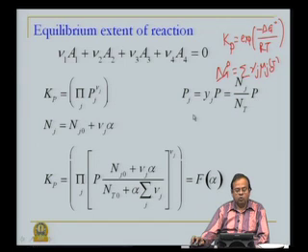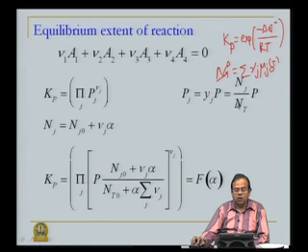Now, we are a step closer, almost there. What is our N_j? As per our definition of extent of reaction, it is N_j0 + nu_j alpha. So, if I put this N_j over here, in the top term, instead of N_j I have N_j0 + nu_j alpha.